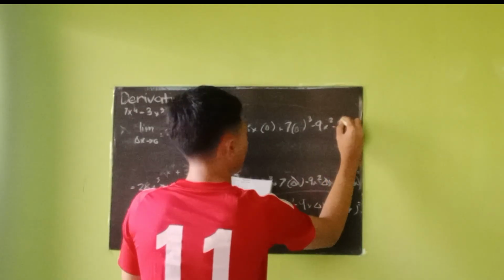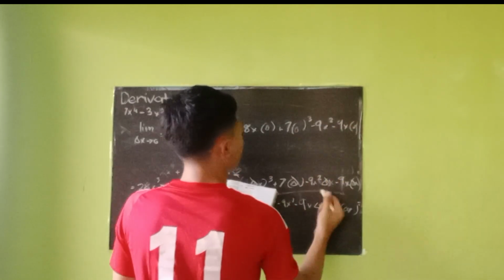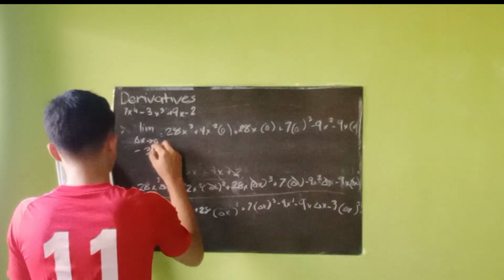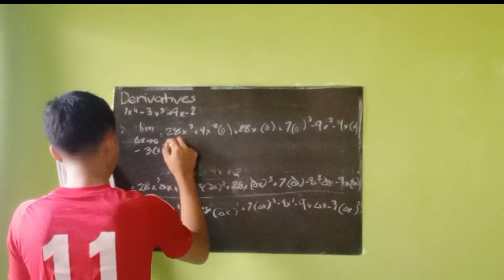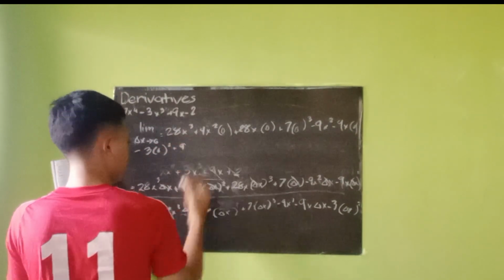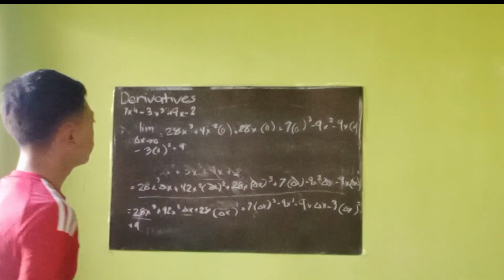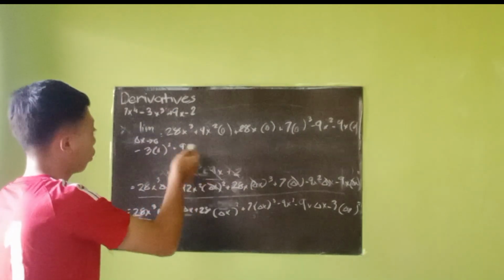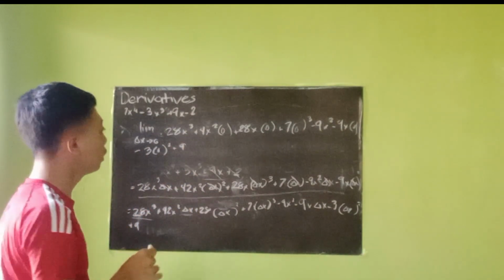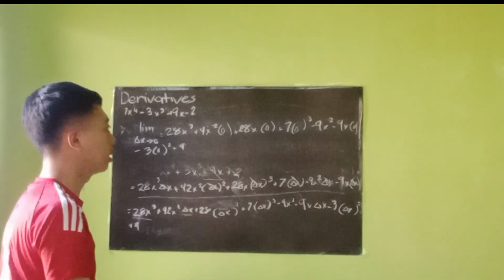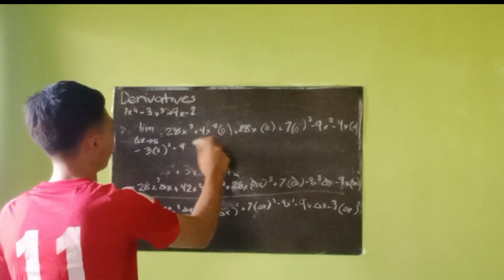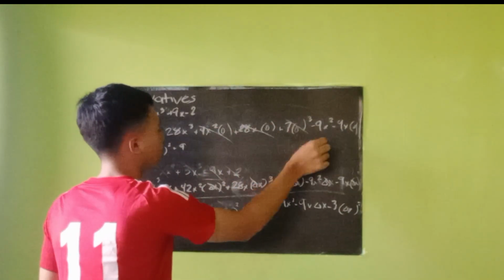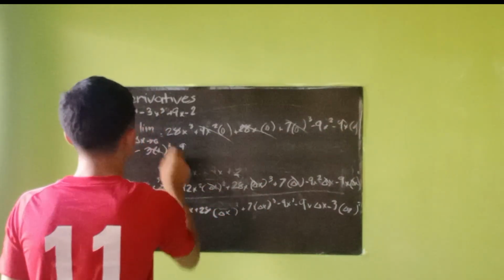Minus 9x times 0, minus 3 and 0 squared plus 9. Alright, so after that, since when you multiply by 0 it will be gone, or it doesn't really have any value, you can cancel it down. So this one already becomes 0, so cancel it down. This one is cancelled, this one too, this one, and this one.